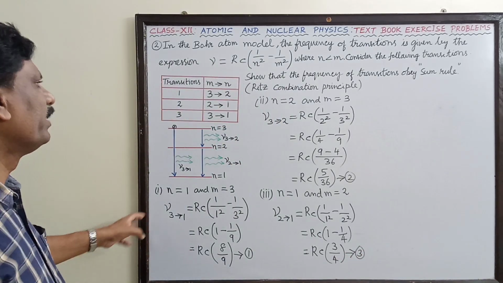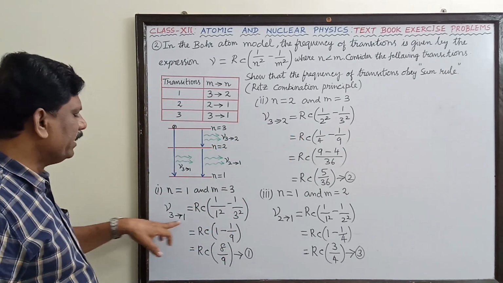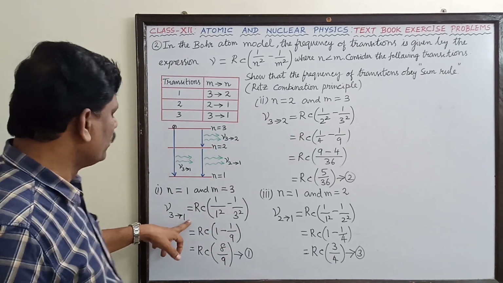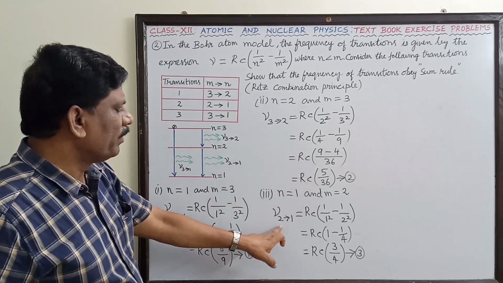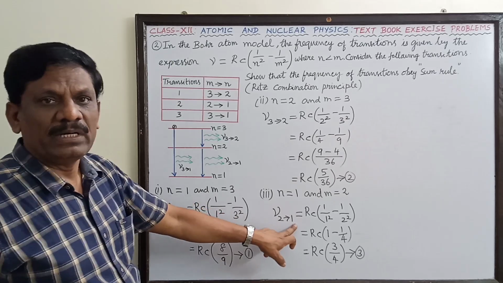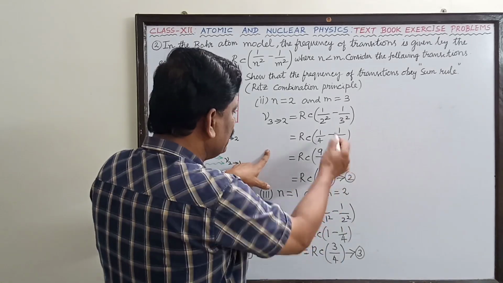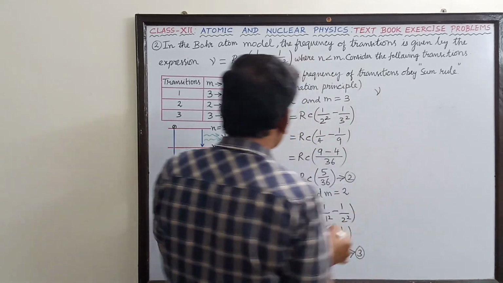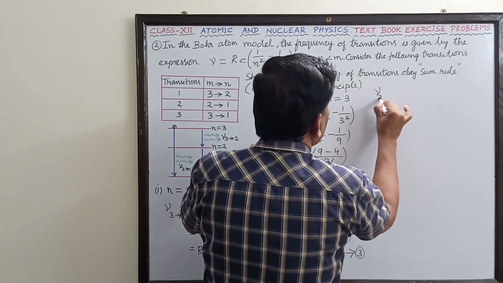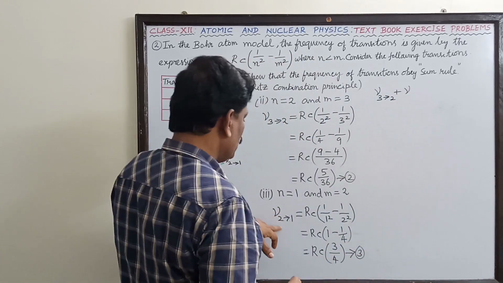We have to show that nu 3 to 1 is equal to nu 3 to 2 plus nu 2 to 1. So now I will add these two, 2 and 3. So I will find out the sum nu 3 to 2 plus nu 2 to 1.